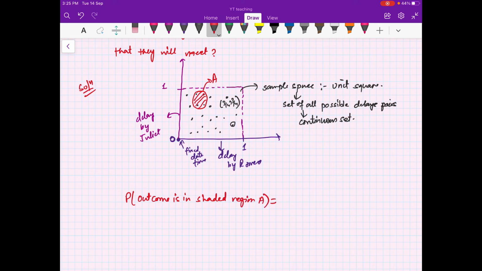I am defining it as the area of A. Obviously, because area is always positive, we have the greater-than-or-equal-to 0 property.